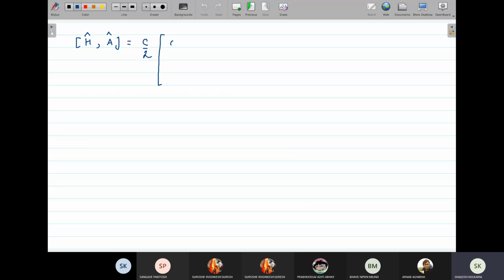Then there will be 0, minus 2i p cross sigma, then minus 2i p cross sigma, and then 0 here. So this half will go, and this will be just c.